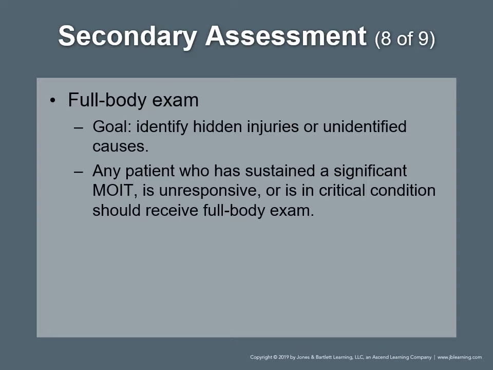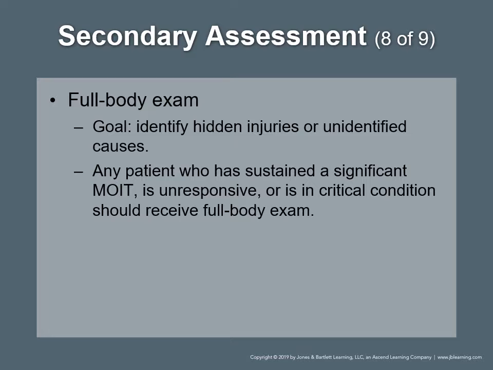Okay, we have discussed the use of a full body exam, or what I call that rapid assessment. This is when somebody has significant mechanism of injury, who is unresponsive, or who has a very critical condition, or are kind of like not speaking to you much about what's wrong.